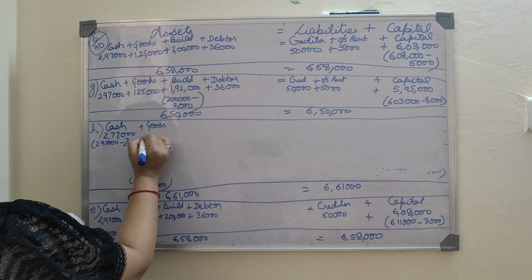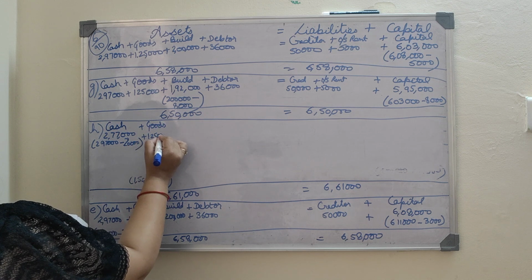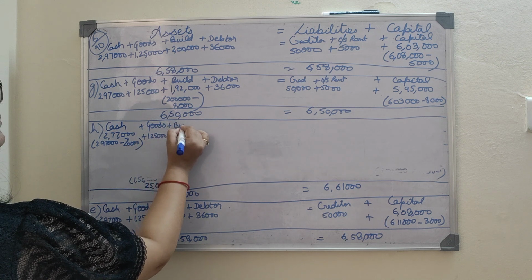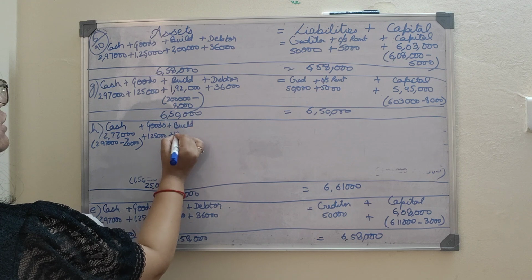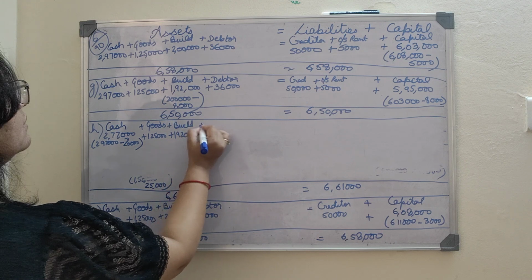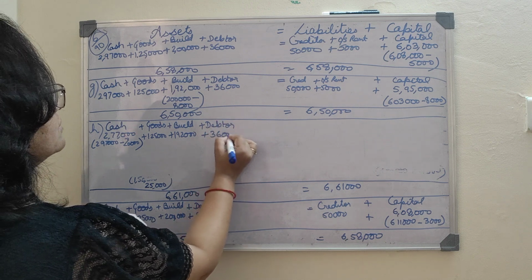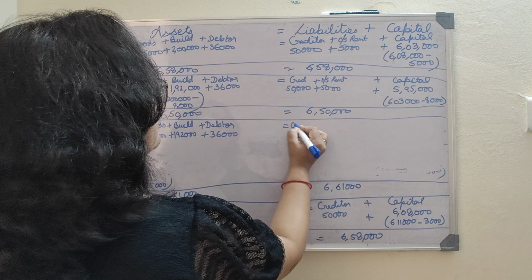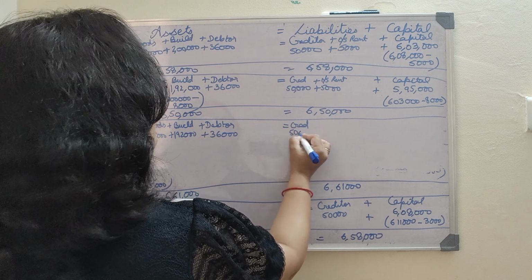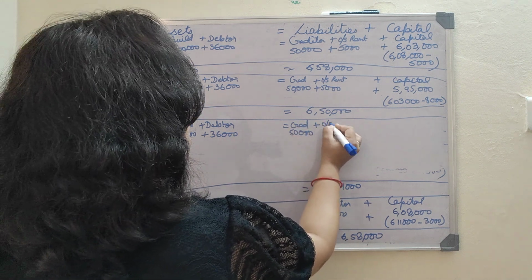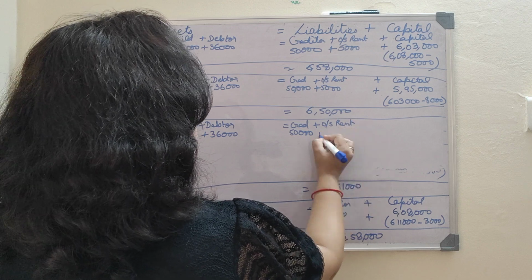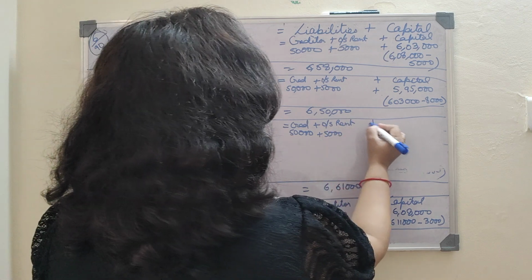Then goods are 1,25,000. Building 1,92,000. Debtor 36,000. Creditor 50,000. Outstanding rent 5,000.